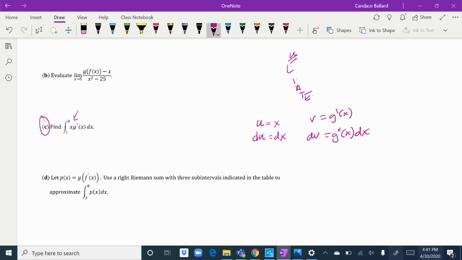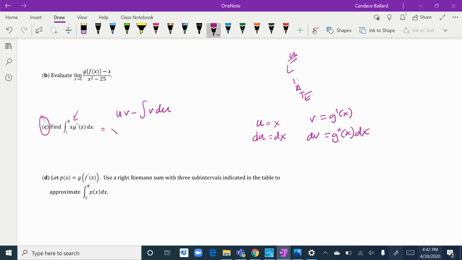Okay, so it's UV minus the integral of V du, ultraviolet voodoo. All right, and we're going from 1 to 8. I do need to make sure that I put the 1 to 8 in this UV part because it's already kind of been integrated.